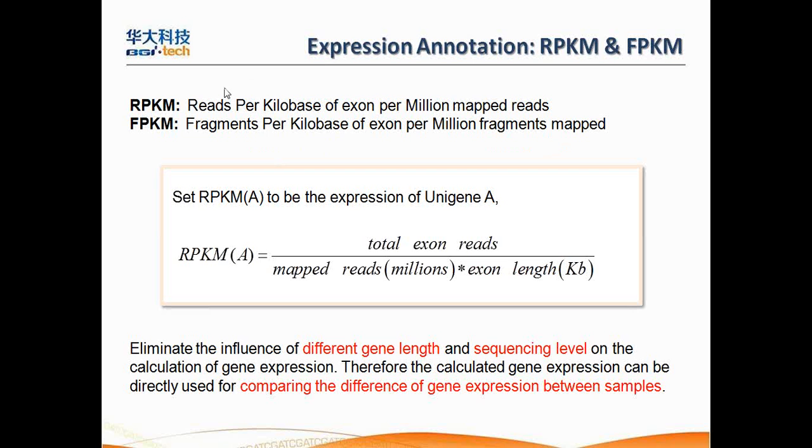RPKM represents reads per kilobase of exon per million mapped reads. And FPKM has a similar meaning, but it doesn't count the number of reads, it counts the number of fragments, which is a wider concept than RPKM.